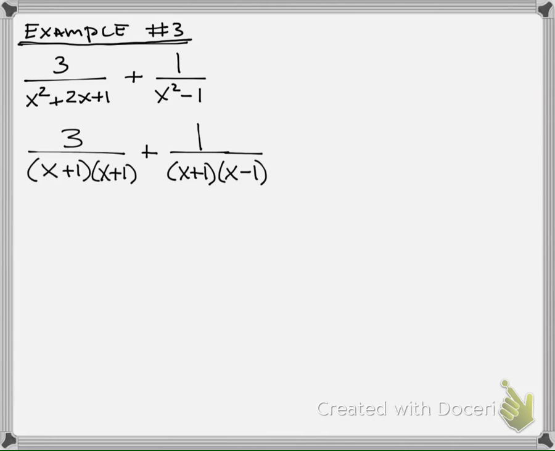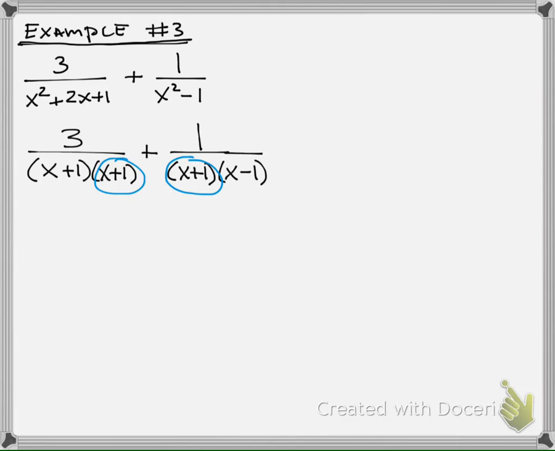Now, in this case, I see that they both share at least one factor in common, and that's x plus 1. So the first fraction, I need to multiply by x minus 1. The second fraction, I need to multiply by x plus 1.